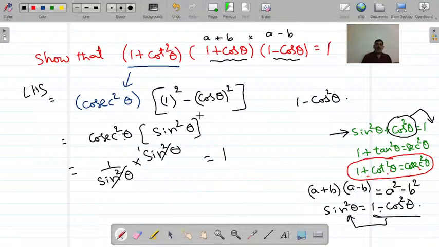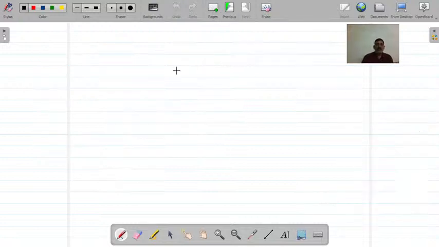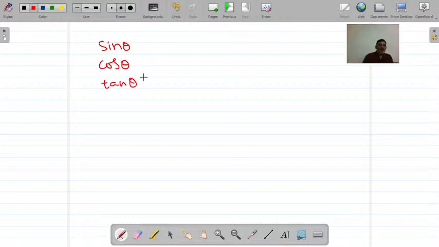Okay. So, before going to solve a few more problems, let us try to analyze these things. First of all, you should know sin theta, cos theta, tan theta. These are the ratios. And what are their reciprocals? Do you remember? For sin theta, the reciprocal is cosecant theta, and for cos theta, the reciprocal is secant theta.